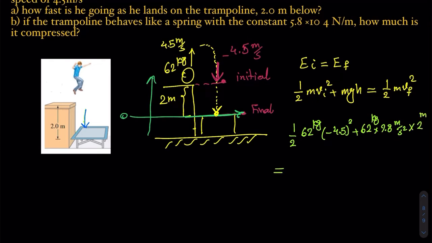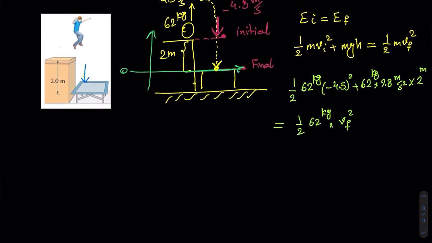The other side of the equation will be a half of 62 kilograms times final velocity squared. By solving this, we will get the final velocity equal to 7.71, and the direction is negative, so negative meters per second.